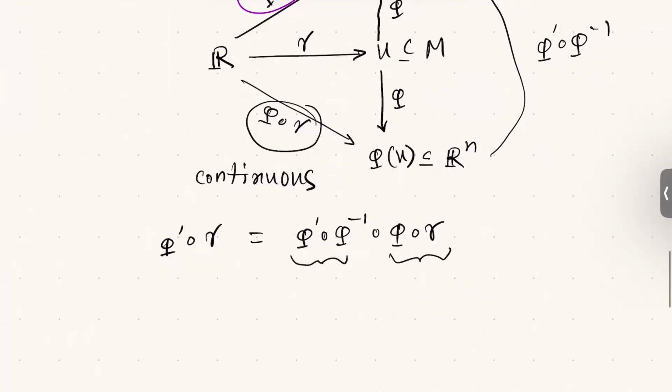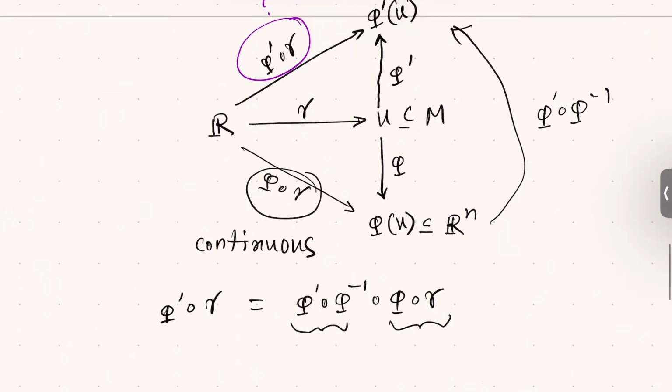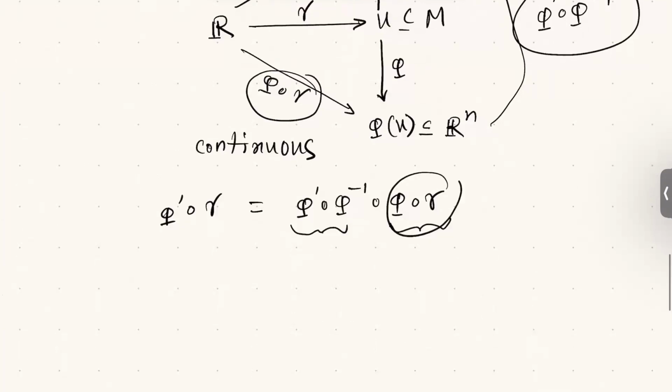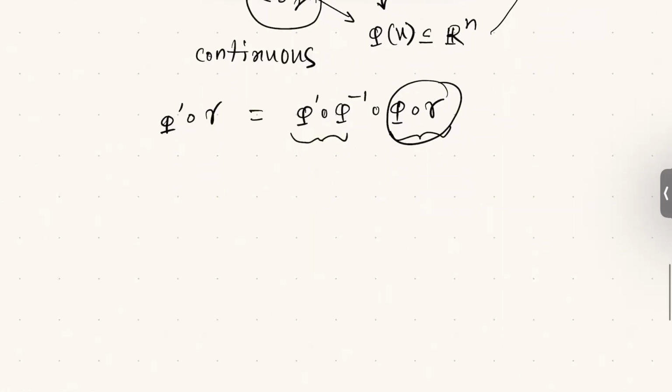Why? For differentiability, I know this one is only continuous, right? Since this one is continuous and this one is differentiable, true. But the composition of continuous functions and differentiable functions may be differentiable, but not always.